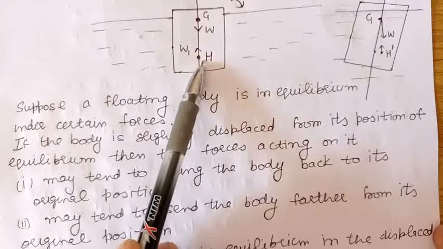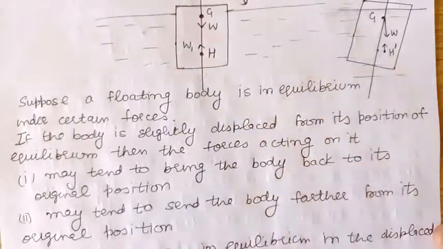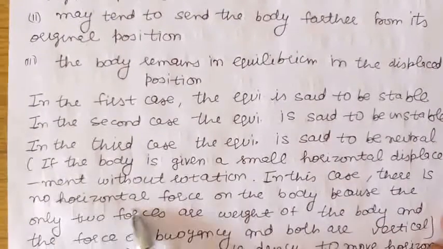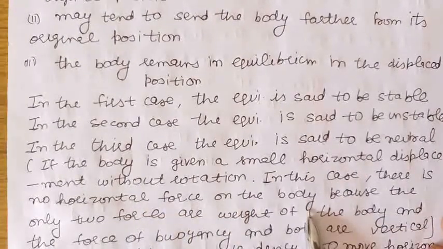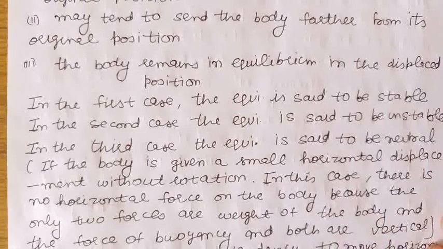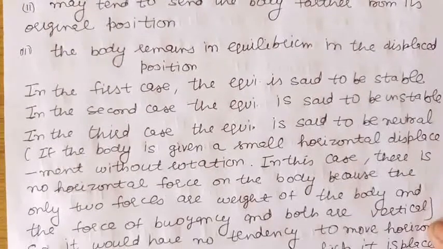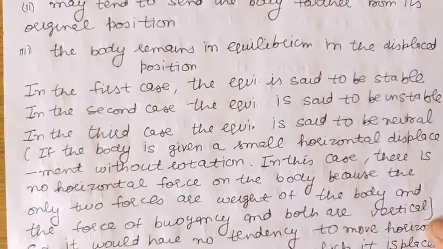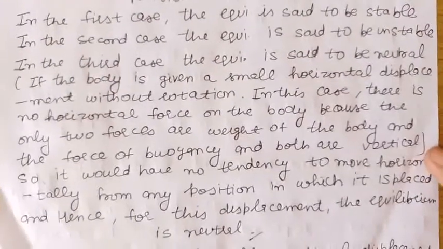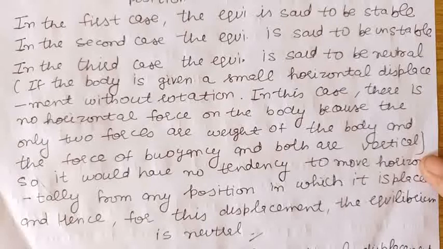So both the forces acting on the body are vertical forces. So there is no horizontal force acting on the body. So the body has no tendency to move horizontally, and hence the displacement for this body is 0. So we can say that the equilibrium is neutral in this case.